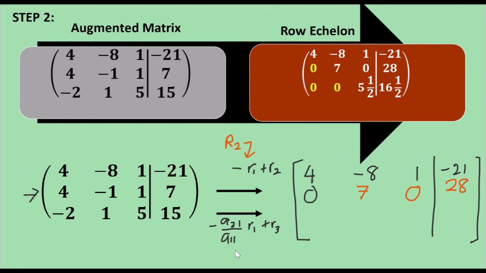And this gives us the new third row. So in this case, negative A31 divided by A11 would be negative of negative 2 divided by 4, which is half. So the value here would be half. We would multiply half with the first row and add it to the third row.